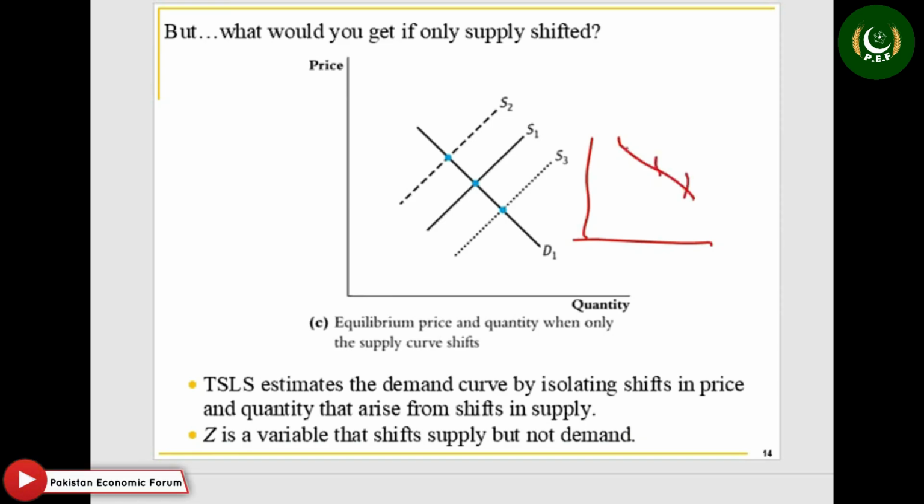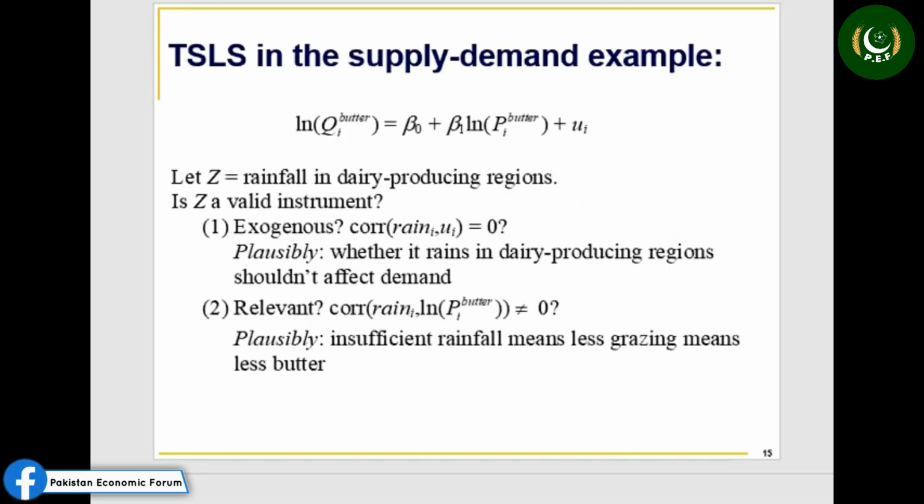So they basically tried to find a variable which was uncorrelated with other factors that affect price, but helps to determine price. Rainfall is uncorrelated with other factors which affect price, but price and rainfall are correlated because the lower the rainfall, the less the supply, the more the price.